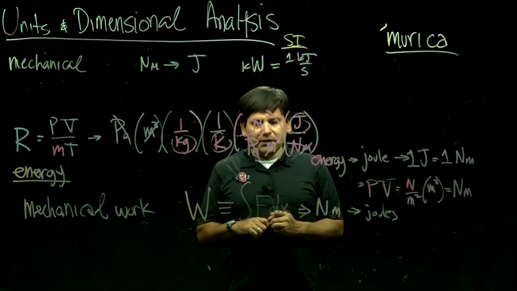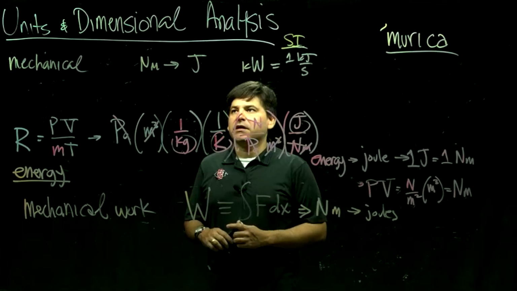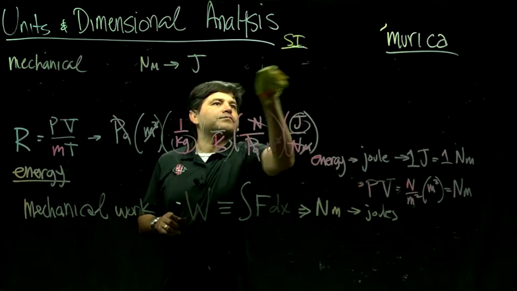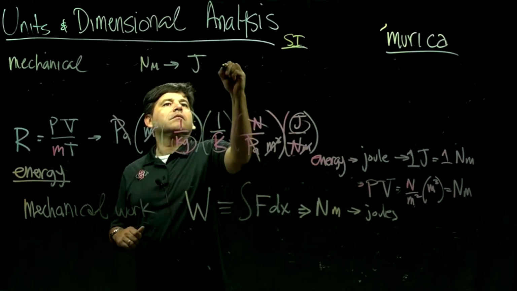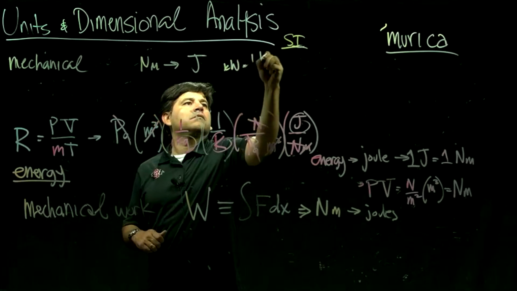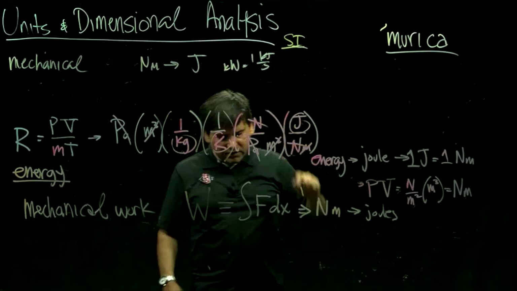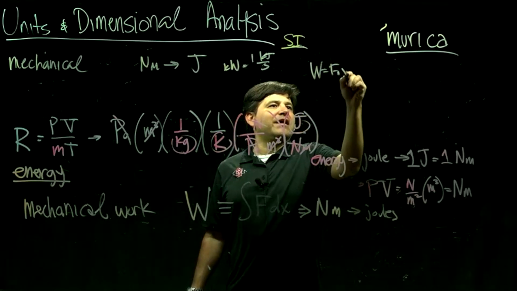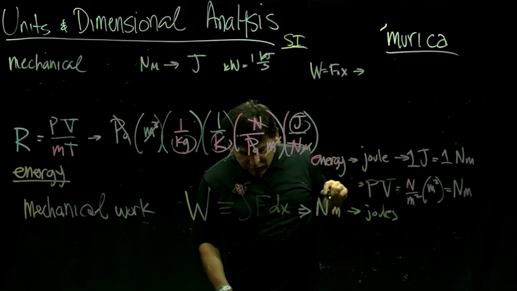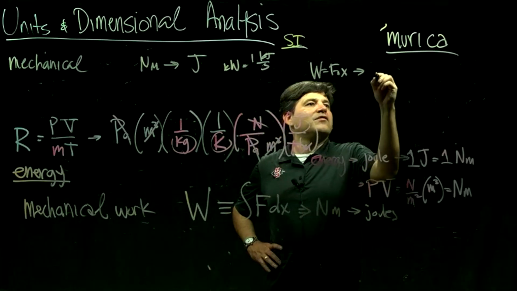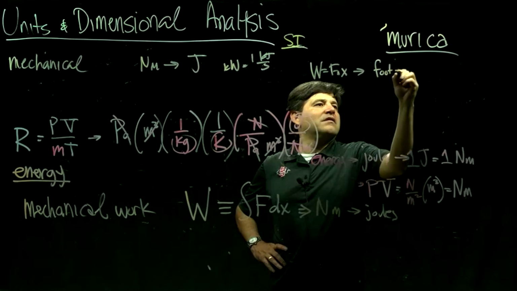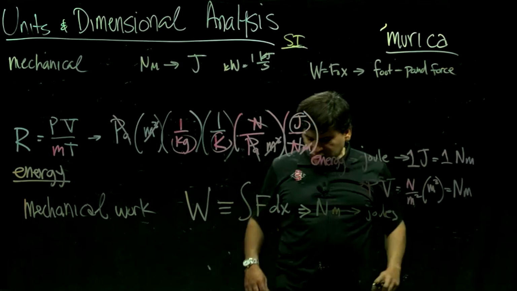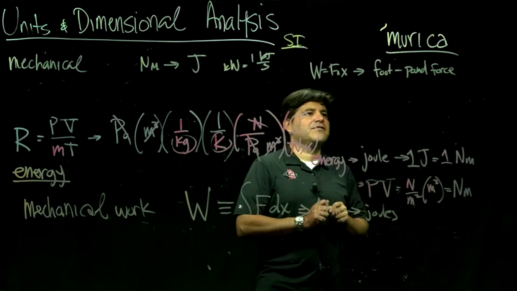But in America, things get a little dicey. If energy started continuing with this F delta X in America, that would give you foot-pound force. So pounds of force is the force, and then foot is the length.